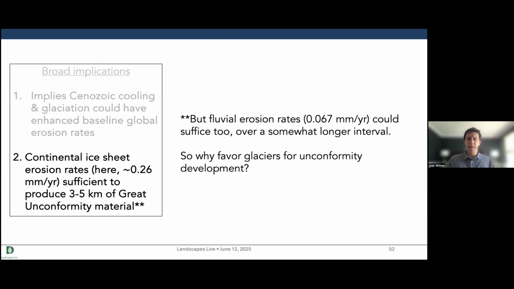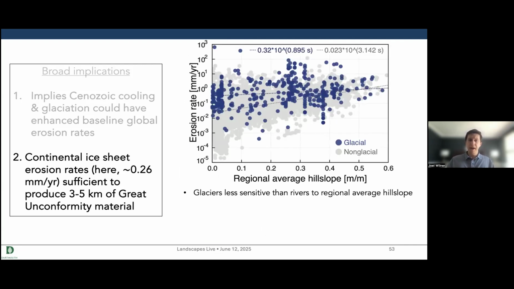So why favor glaciers for unconformity development? Well, if we come back to this plot of erosion rate versus regional average hill slope, recall that glaciers are less sensitive than rivers to regional average hill slope. Glaciers erode more efficiently than rivers at low hill slopes. So see this glacial line here versus this non-glacial, mostly fluvial line here.